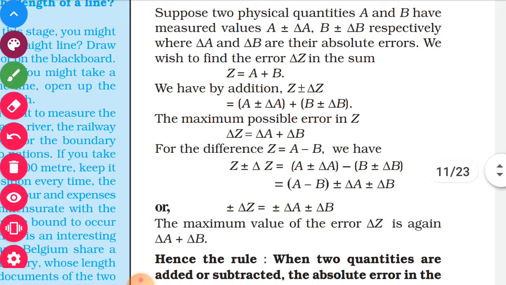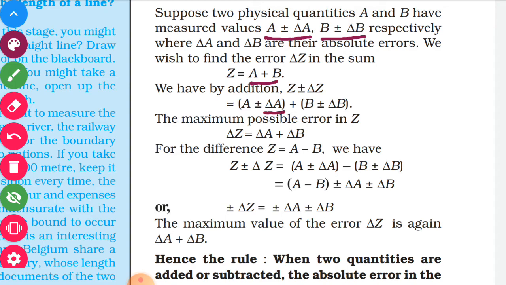Okay, now first of all we have one quantity, say A. We have measured one quantity A plus or minus delta A, and B is measured as plus or minus delta B. Now when you want to combine or add these, then their errors will also be added.